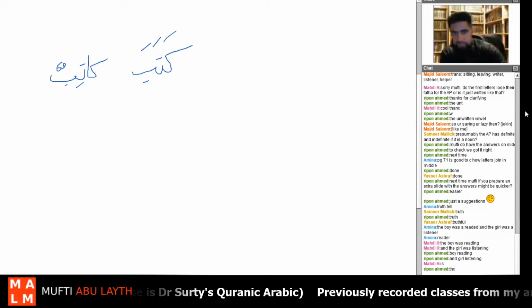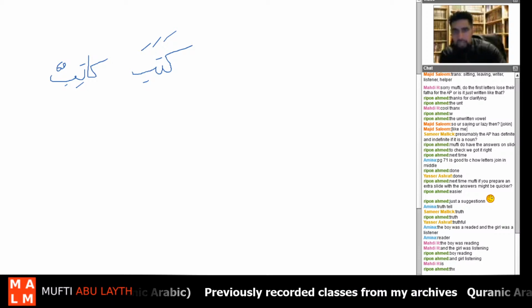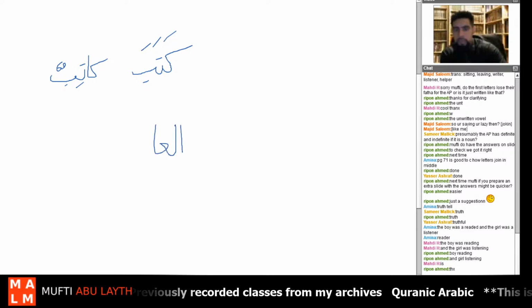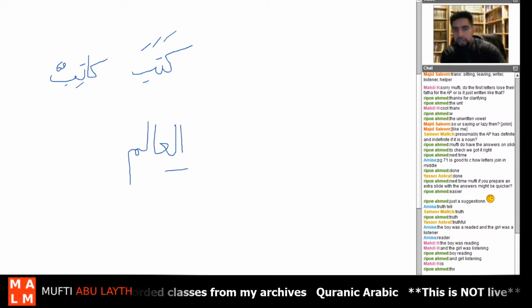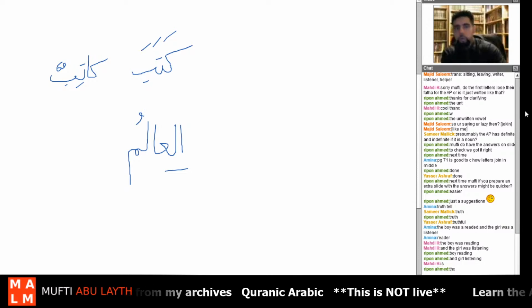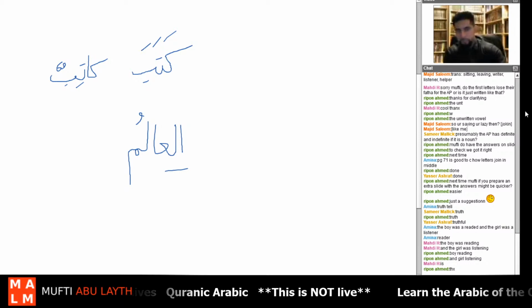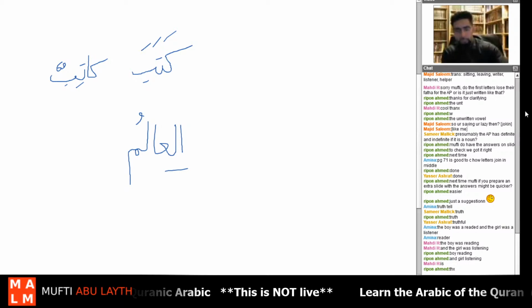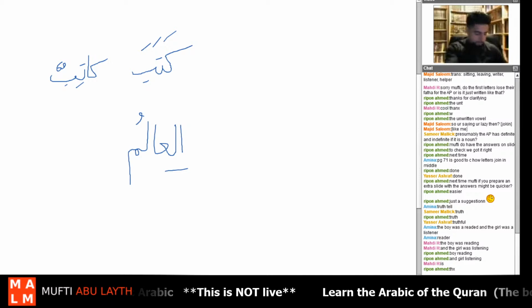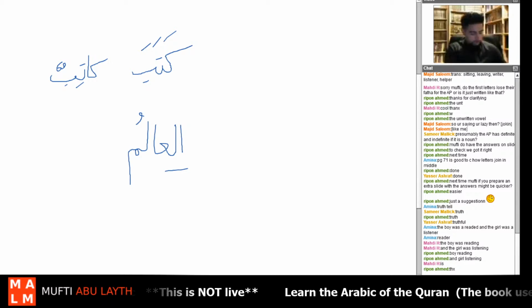So in this case, if we take katibun, or alimun, now, al-alimu would mean the scholar. Al-alimu. Now note that because of al coming onto the scene, there will only be one dhamma, and there won't be tanween. So you must remember that, and that will be the same for masculine or feminine. Alright, so inshallah, if that makes sense.